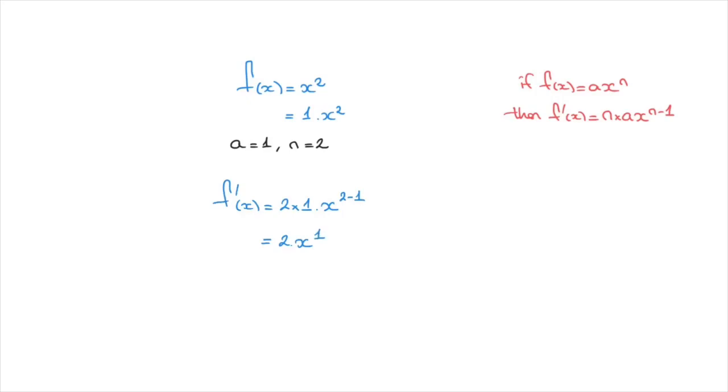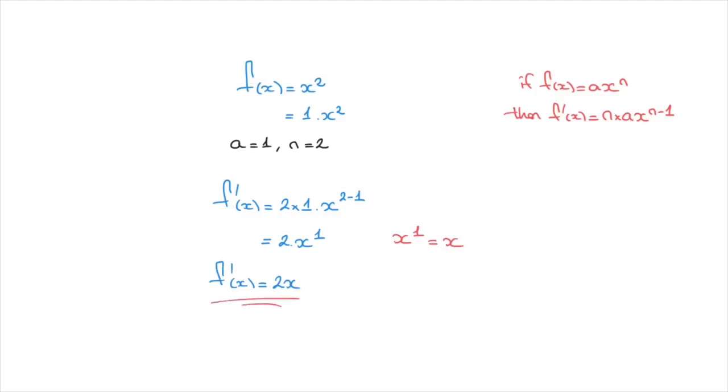And we could stop there, although we never actually write x to the power of 1. Indeed, it's worth remembering that when we write x to the power of 1, it's simply equal to x. So we should write our final answer here as f dash of x is equal to 2x. And that's the final answer.